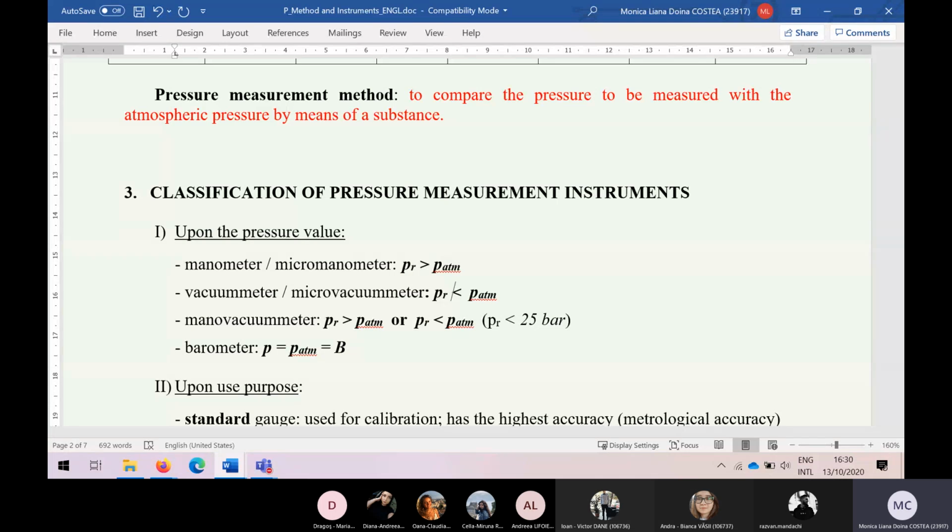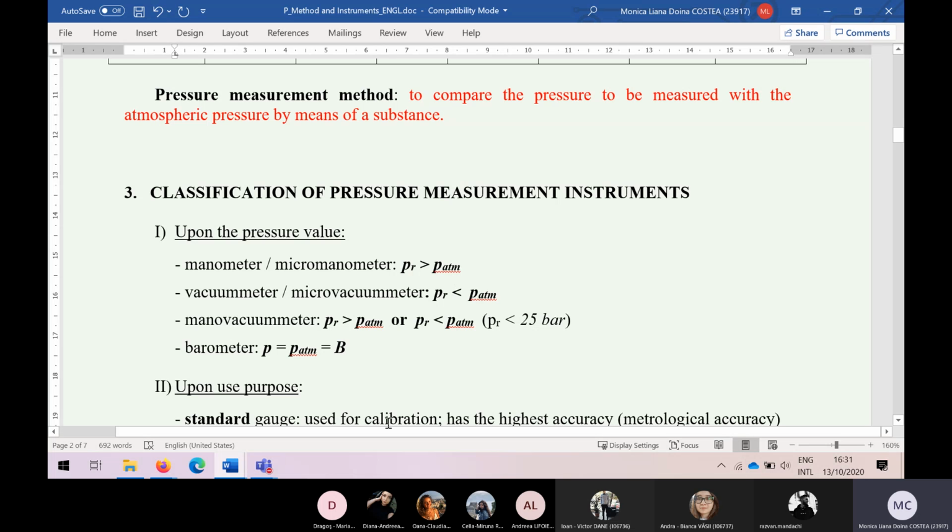Will measure very low pressure, usually 10 to minus 6 bar. Yes, if it's a very special one, but generally very low pressure. 10 to minus 6 what? 10 to minus 6 bar. Bar, yes, you are right. Okay, so very low values of the pressure.